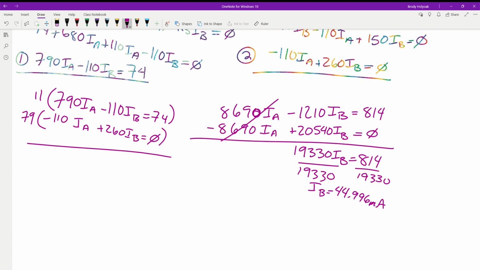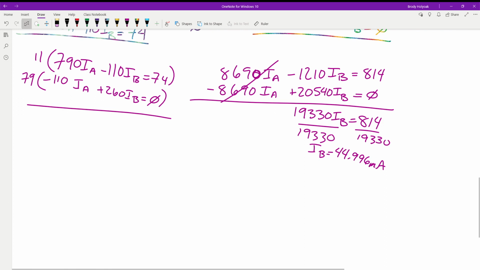Like I said, we're within 2 milliamps, but the closest I got was the 42.111. Any questions about that?